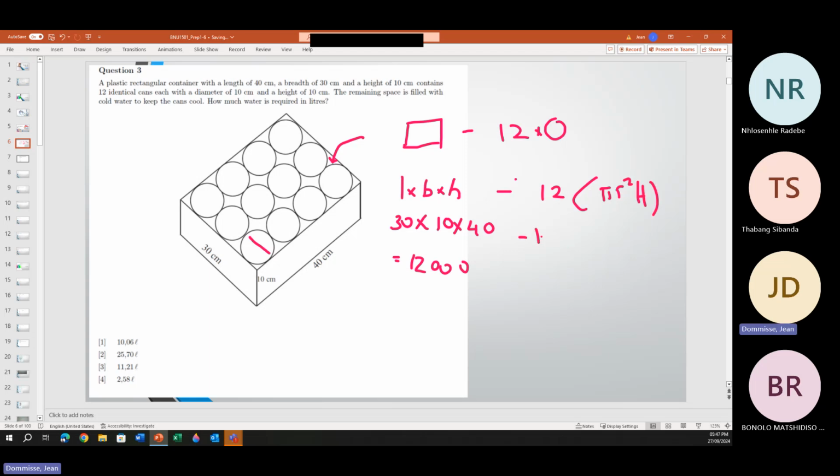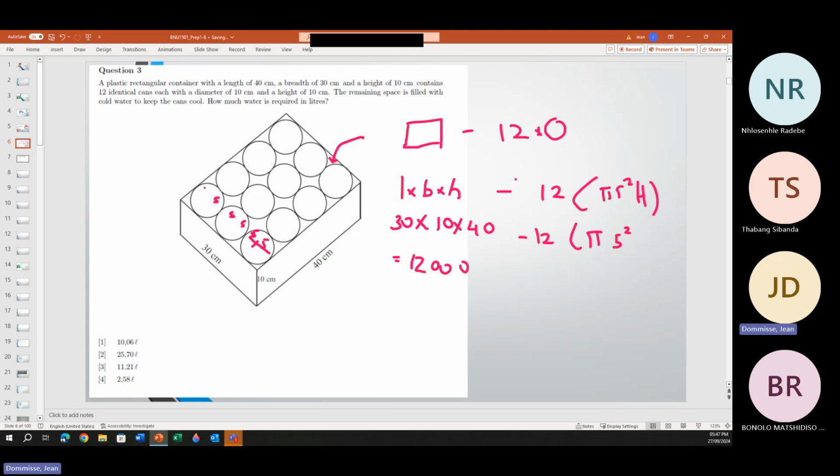Okay, so it's 12 times pi times radius squared. So they told us each of these has a diameter of 10. So diameter is the whole length, so radius is half of it. So that will be 5. And you can really just check.